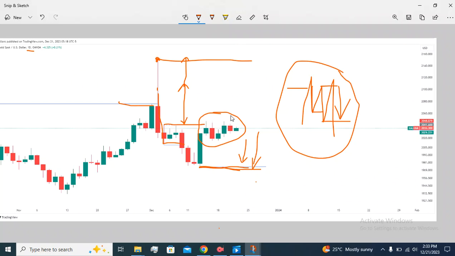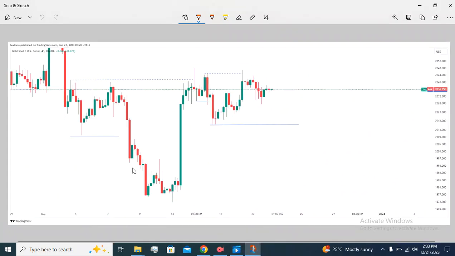Dropping down on the lower time frame to see exactly what is happening here. We can see that on the 4-hour time frame, this guy right here is the liquidity, the first break of structure's high that we saw on the daily time frame.